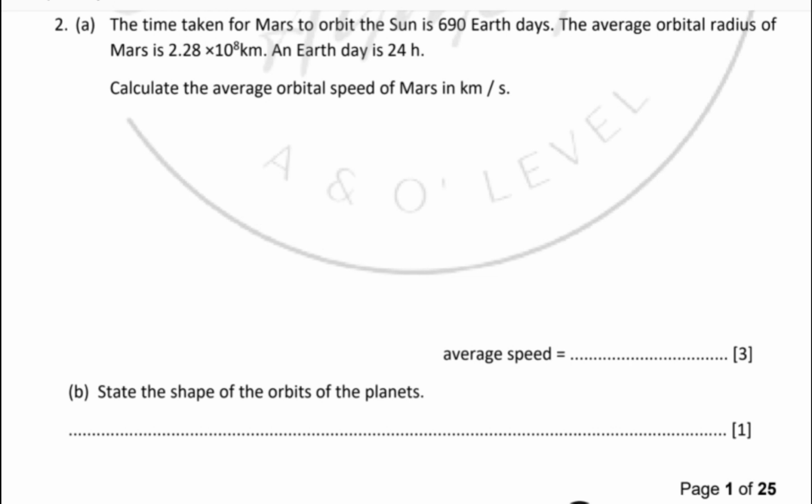Dear students, we know that the formula for the orbital speed is v is equal to 2 pi r over t, where r is the radius and t is the time period in which the Mars complete its one rotation.